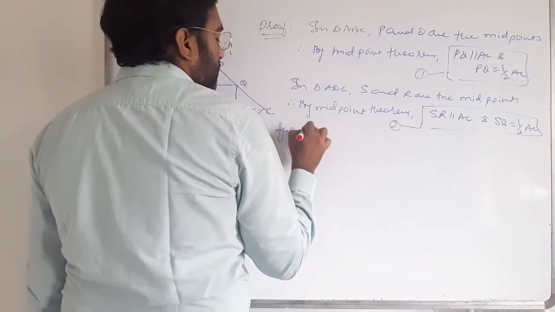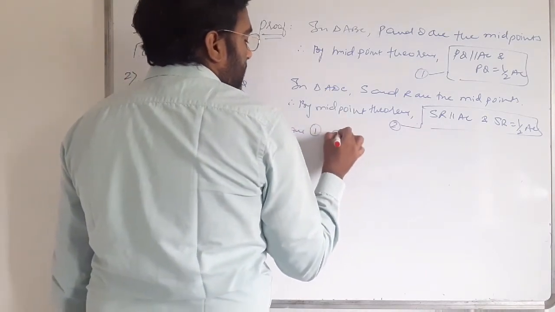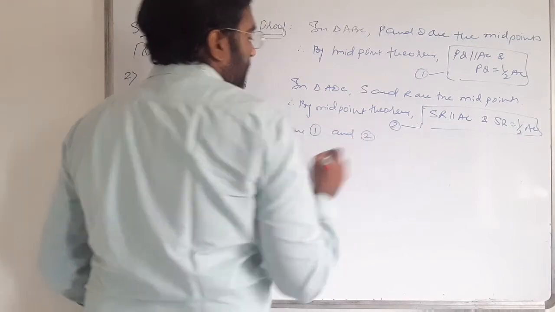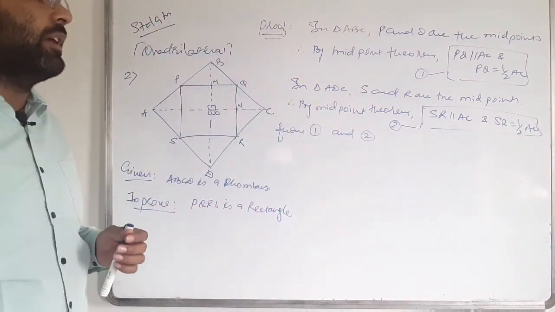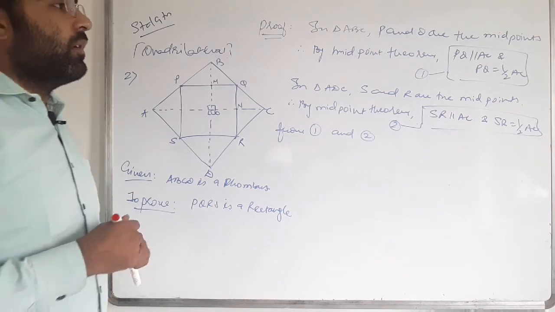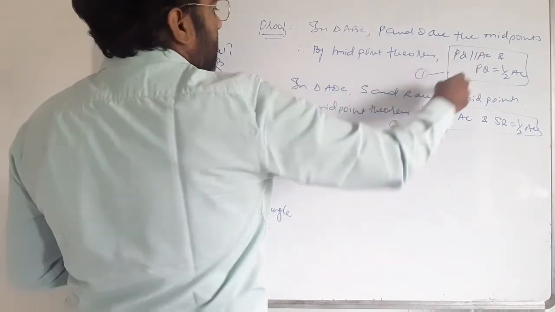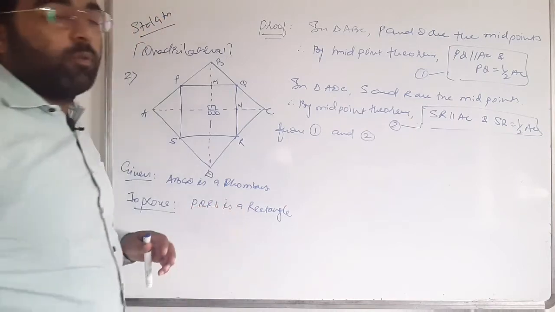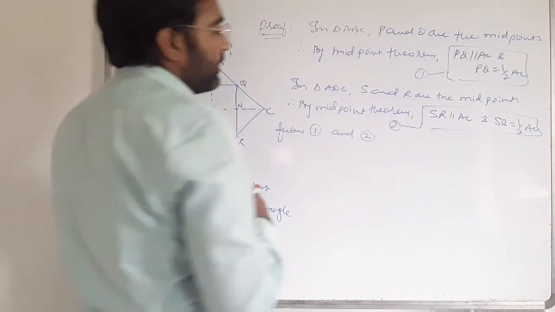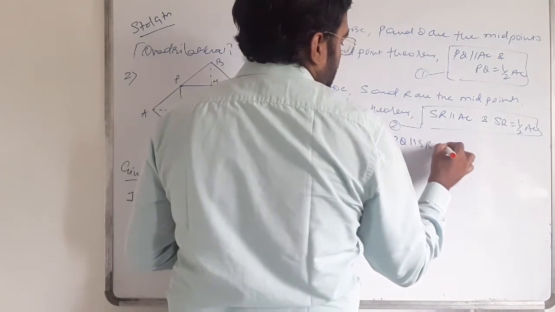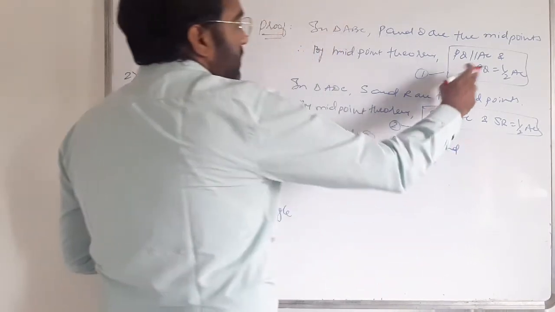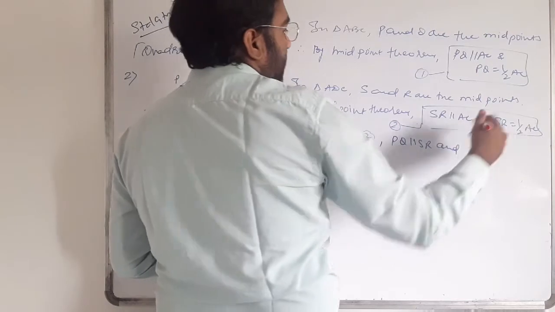From 1 and 2 we say that PQ is parallel to AC and SR is parallel to AC, so PQ is parallel to SR, and PQ is half of AC and also SR is half of AC.